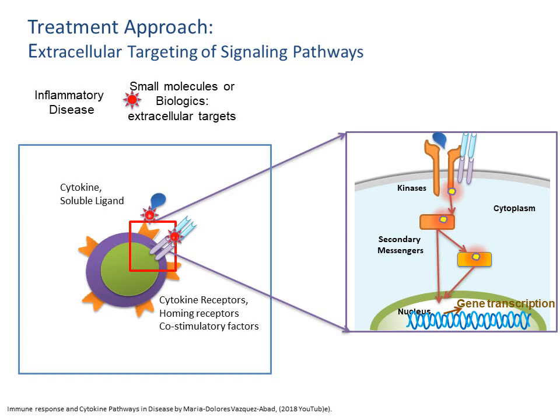So we can actually use either small molecules or biologics, which are more popular for this particular interaction. We can use them to block that binding or the engagement with the receptor.